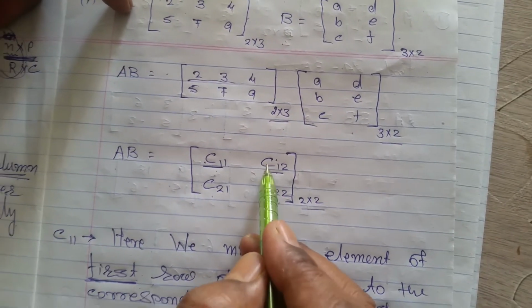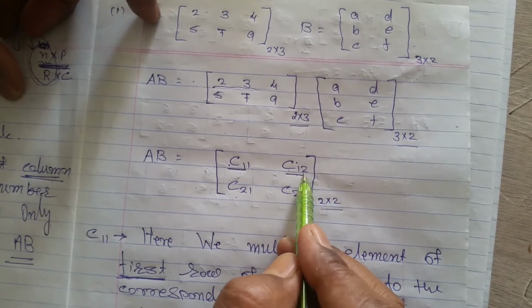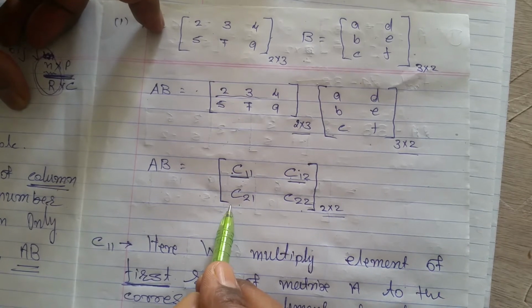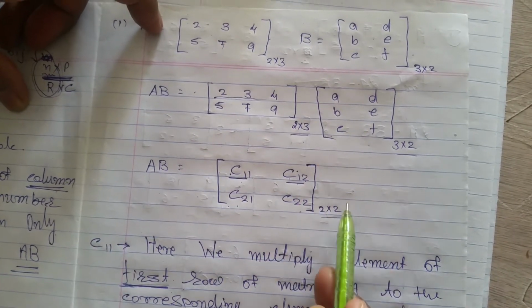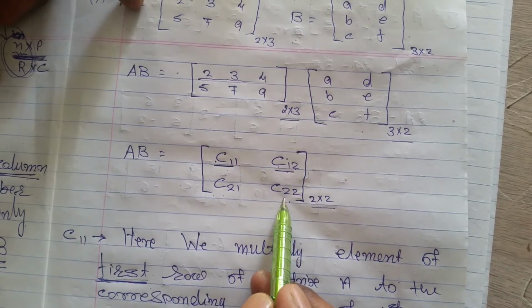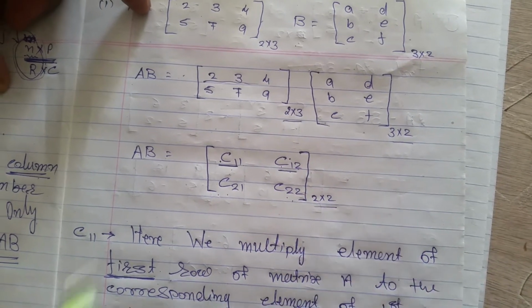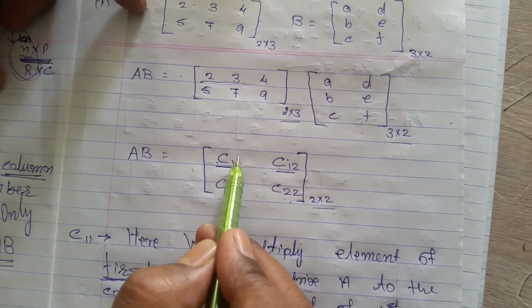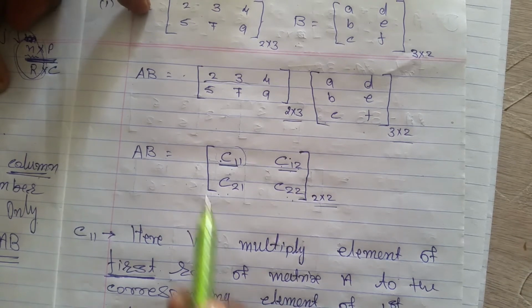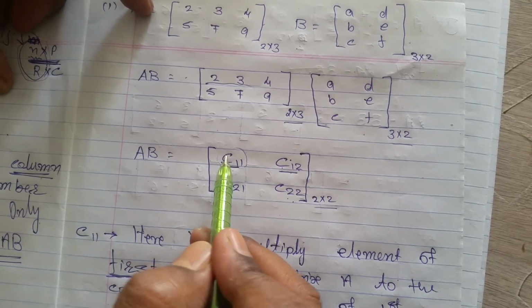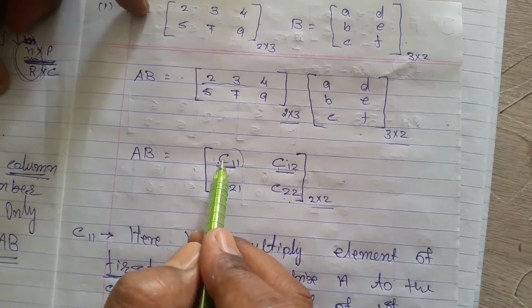C12 is an element of first row, second column. C21, second row, first column. C22, second row, second column. Now we use this logic for finding the element of this place.